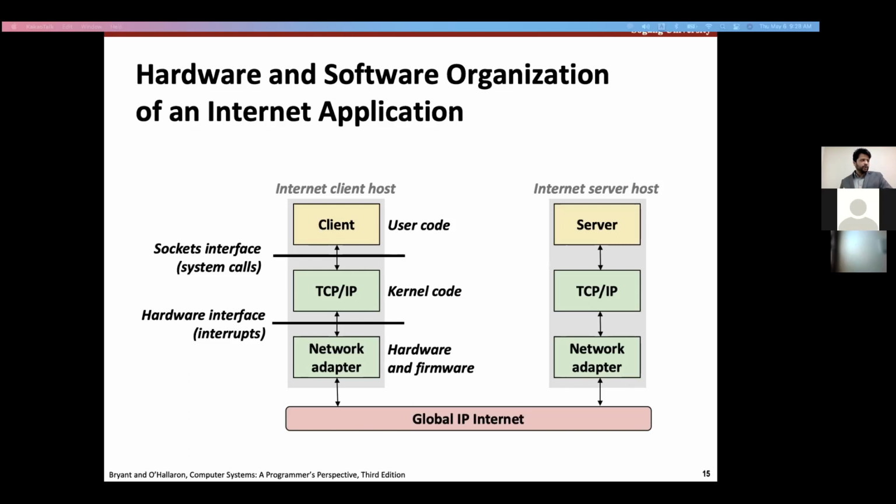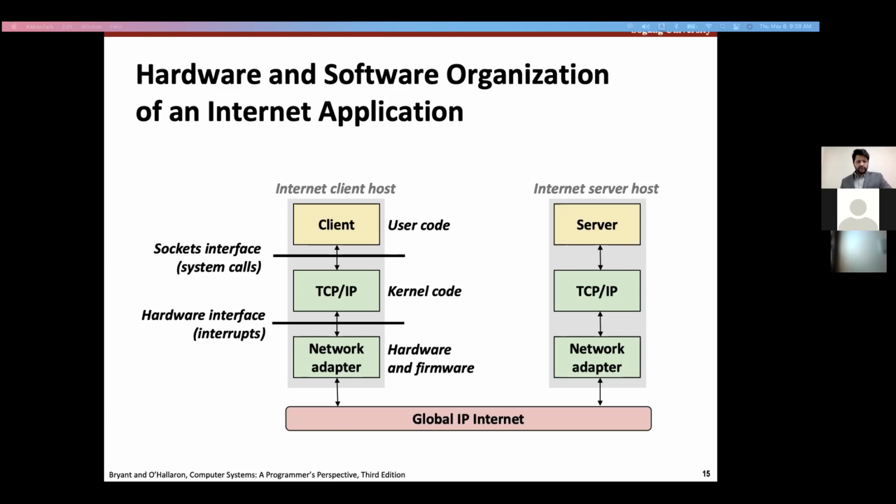On the client side, you have the client user code, and the client uses some system calls through the socket interface. In the kernel space, you have the TCP/IP protocol running, and that TCP/IP protocol engages your hardware interface via these interrupt system calls, and the request goes to your network adapter.